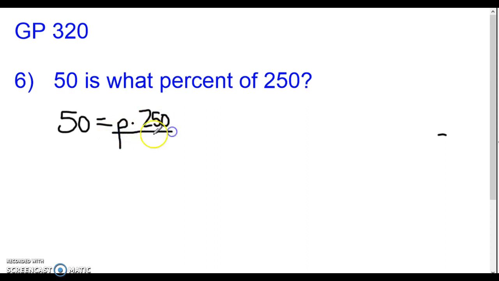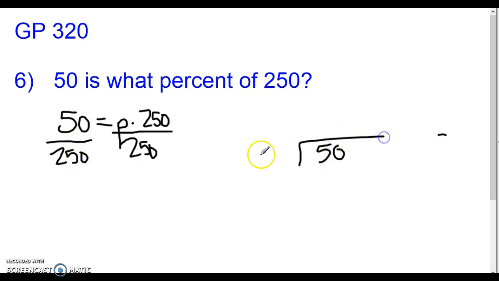So I would divide by 250 and divide by 250 over here. So in and out, so 50 goes on my inside, and 250 would go on the outside. So can 250 go into 50? No, it can't. So I'm going to add a decimal and a 0.